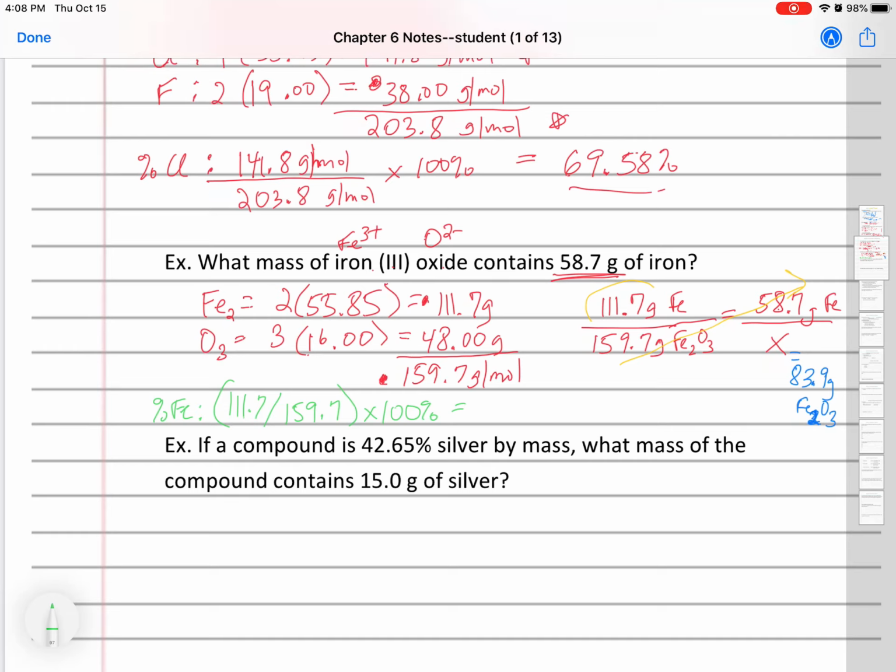Need like the Jeopardy music playing. 111.7 divided by 159.7 times 100 is 69.94%.